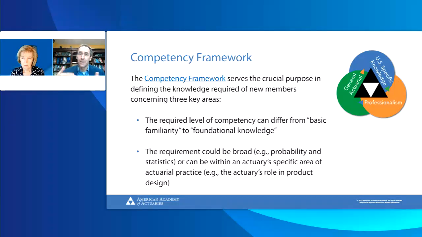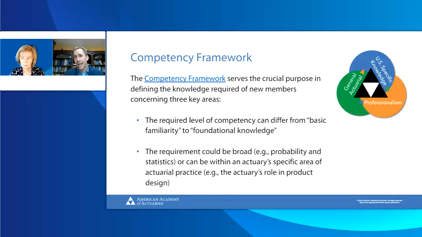And again, just to highlight, that specific area of actuarial practice is taken to be at a level even more granular than our traditional four or five areas of actuarial practice. This is specific to the actual work that you do. So you'll see references frequently within the competency framework to knowledge within a specific area of actuarial practice.